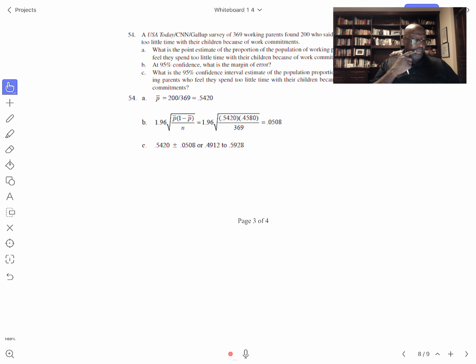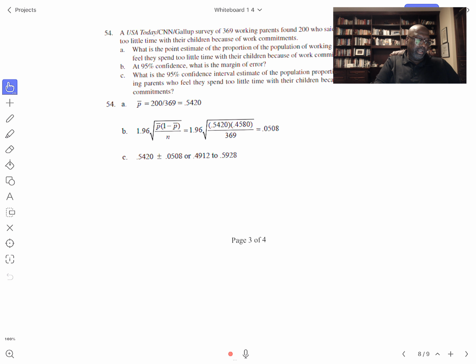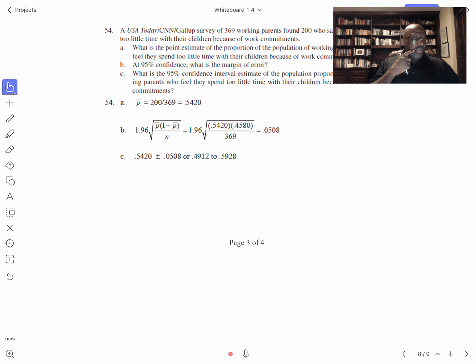So we're told that the USA Today's CNN Gallup survey of 369 working parents found 200 who said they spend too little time with their children because of work commitments. What is the point estimate of the proportion of the population of working parents who feel that they've spent too little time with their children because of work commitments?